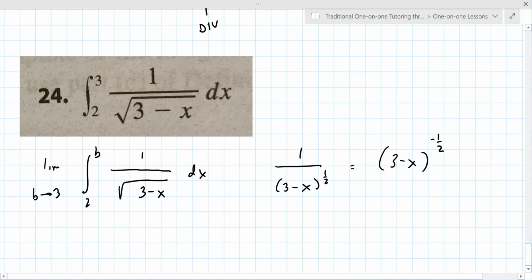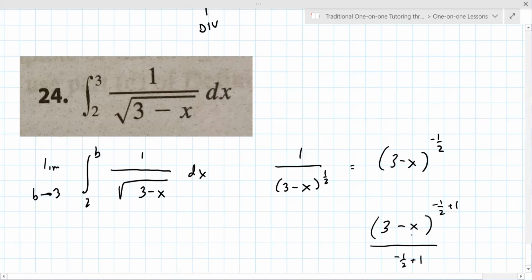You could do it as a U-substitution, but you don't really need to. You just have to account for when you take the derivative of your antiderivative, there's a negative there to deal with. If that's not clear, we can do a U-substitution. But what I was trying to get you to see is you just want to add 1 to this. So it's minus 1/2 plus 1 over minus 1/2 plus 1.